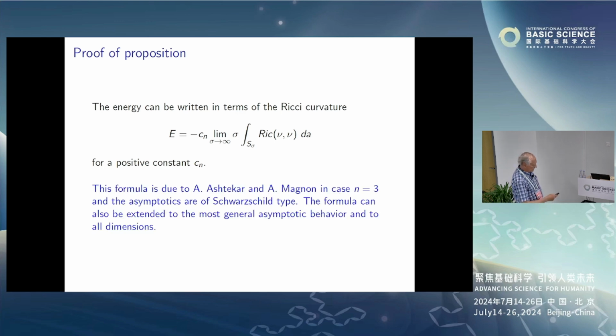This formula for Newtonian or Schwarzschild type fall off was due to Ashtekar and Magnon, and it can be extended to hold for the most general asymptotic behavior in all dimensions.